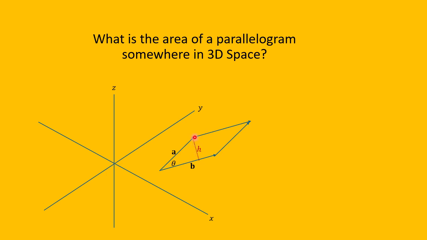Then we make a copy of the vector B right here and a copy of the vector A right here so that we complete this quadrilateral, a parallelogram. Let h be the perpendicular distance from this side up here down to this side. I drew h starting at this vertex so that we would have a nice triangle to work with.